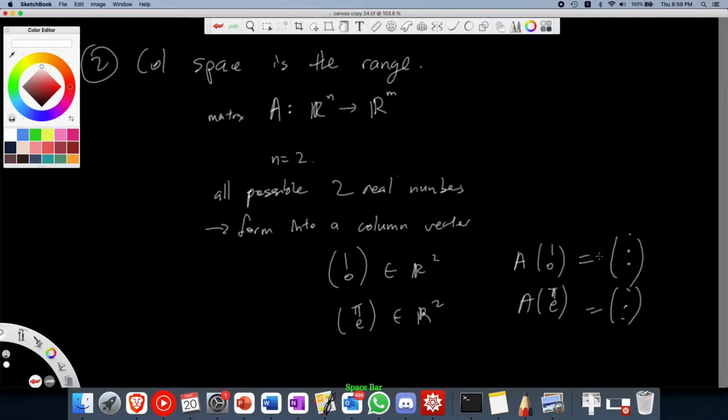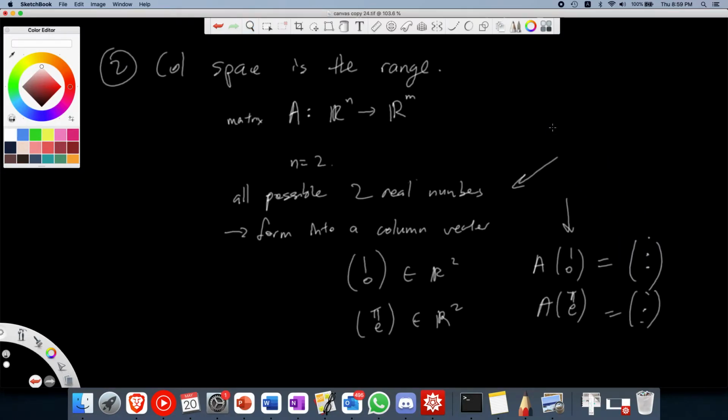The range is, after considering all the possible 2 real numbers on the left hand side, we collect whatever has been spit out on the right hand side and we collect it into a set, and this set will form a vector space. Actually, it will be a vector subspace of Rm. So that is what the range means. In other words, it is the image. So you might hear it as the image as well.